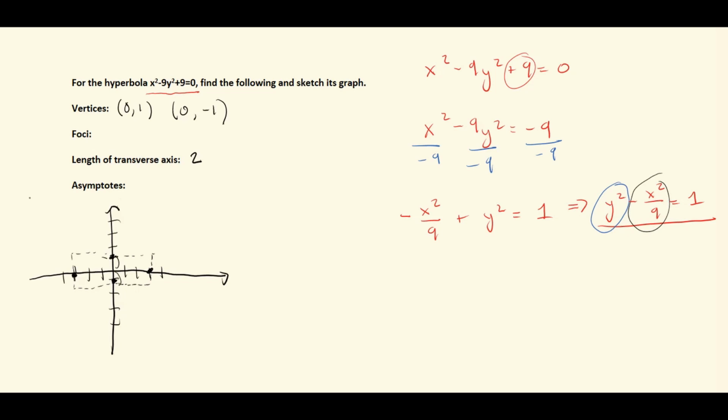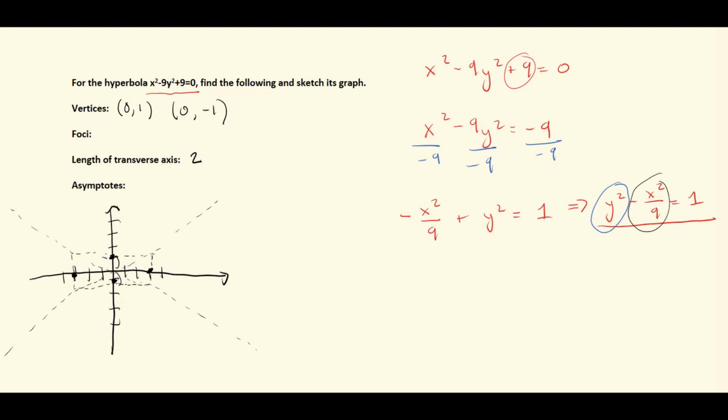For our asymptotes, we're going to just go ahead and sketch them. So the asymptotes are going to go through the corner, through the center, and then through the other corner. Same thing with this one. It's going to go through the corner, through the center, and then through the other corner.